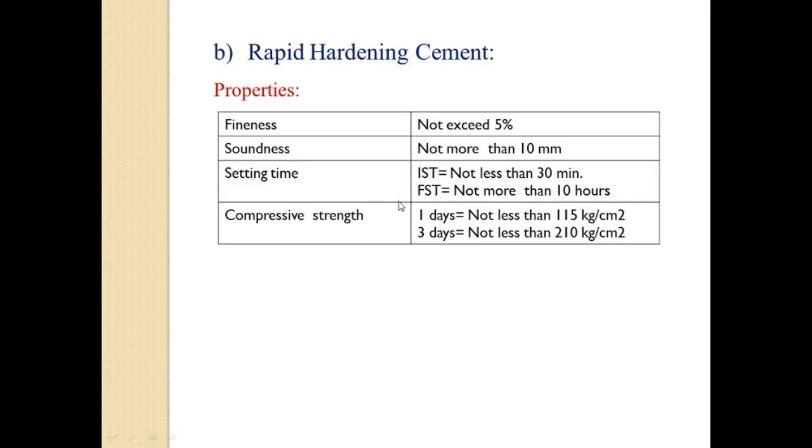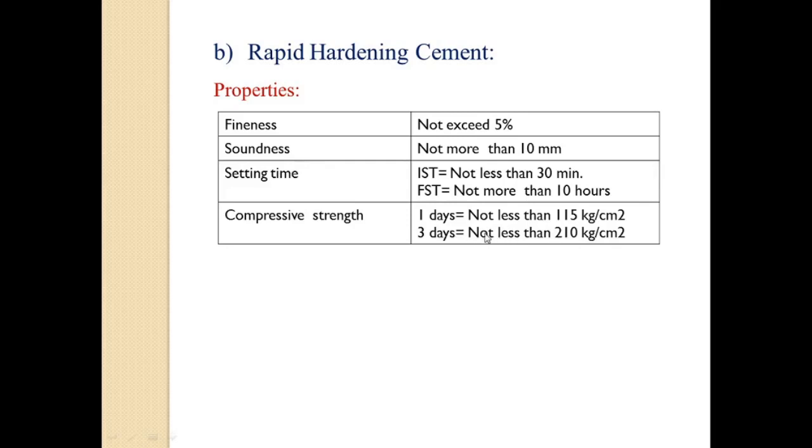Compressive strength. The 1 day test should not be less than 115 kg per centimeter square, and at 3 days it should not be less than 210 kg per centimeter square when ordinary sand is used.